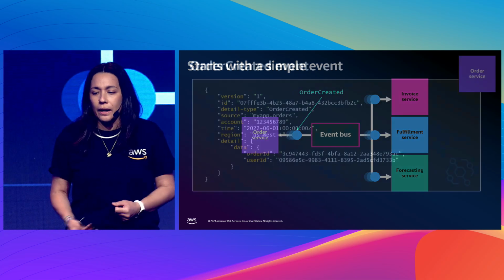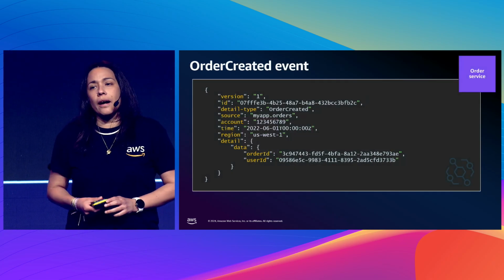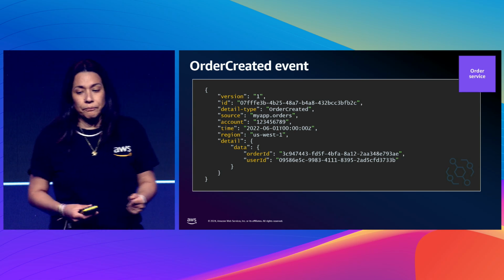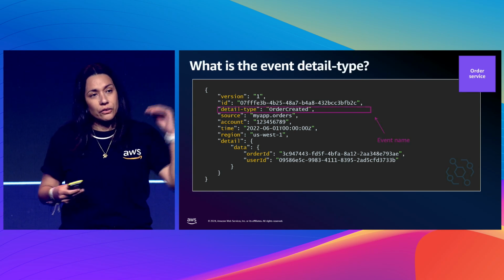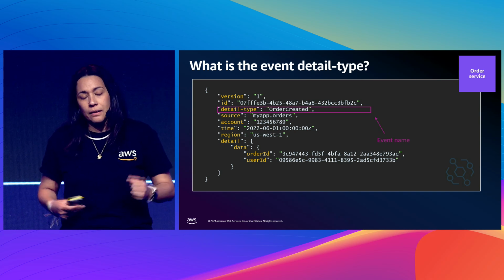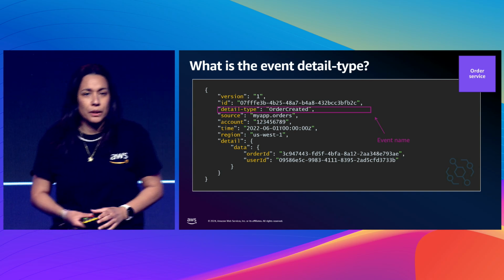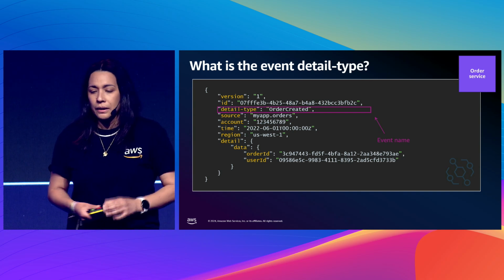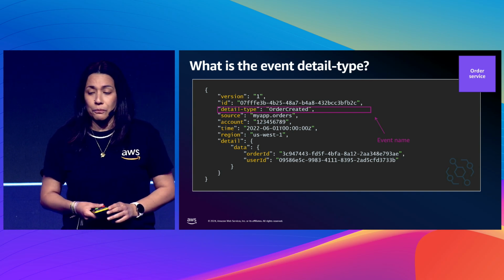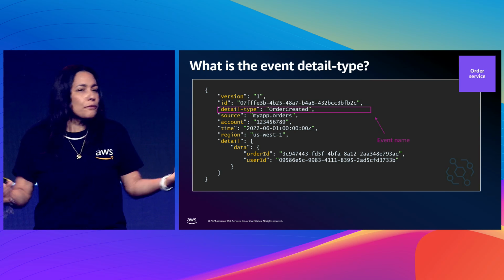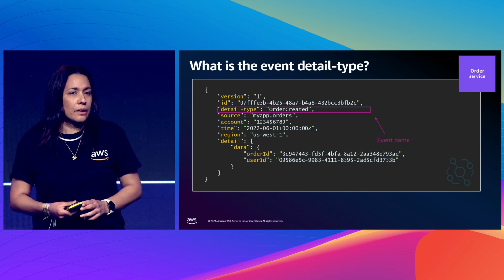We go ahead and put out some code, and this is an example of how our order-created event might look like. At the top, we have the detail type. This is an event example with EventBridge, but it would be similar with any other event broker. Detail type, in the case of EventBridge, indicates kind of the event name. So what kind of information am I passing along in this event?